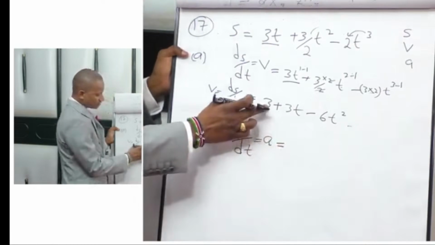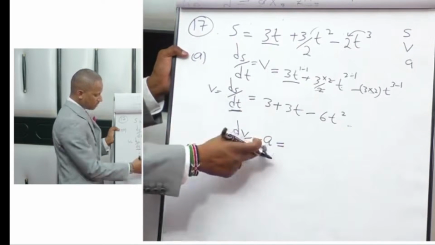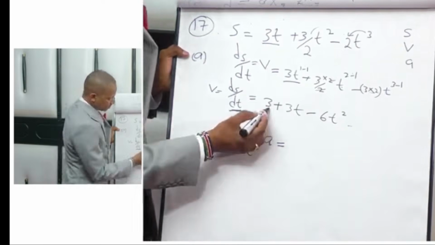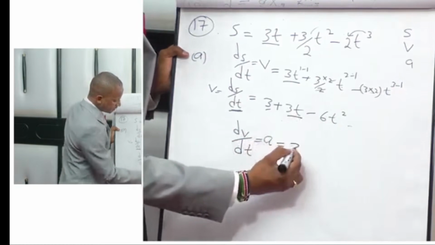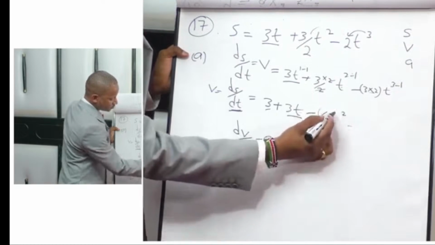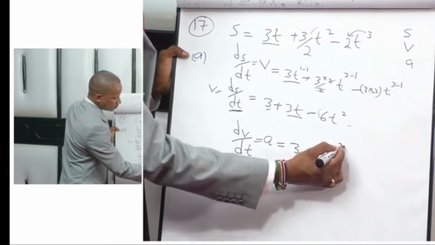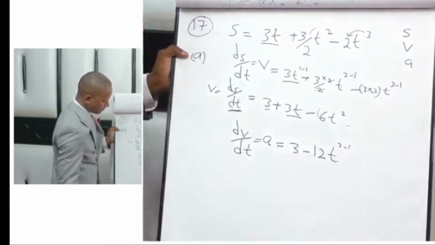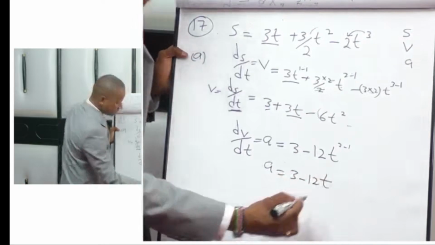When you differentiate this further, because that is what the question wants, if you differentiate 3, you get 0. If you differentiate 3t, you get 3. Minus, drop the power, 2 times 6 is 12, then t, 2 minus 1, which is t. So our acceleration is 3 minus 12t.